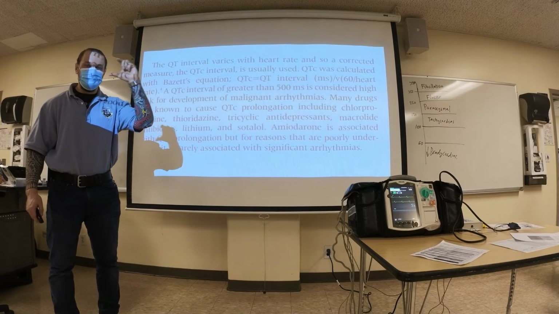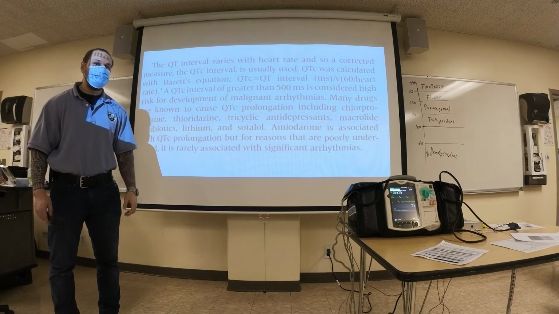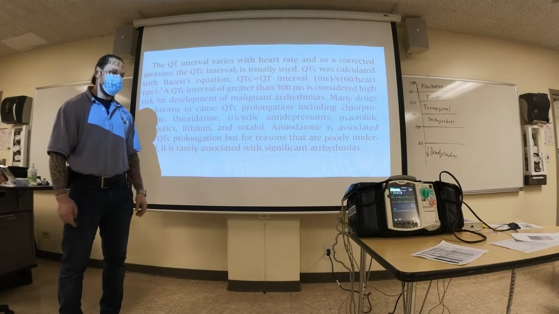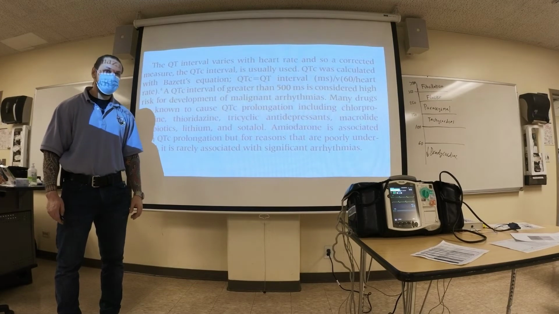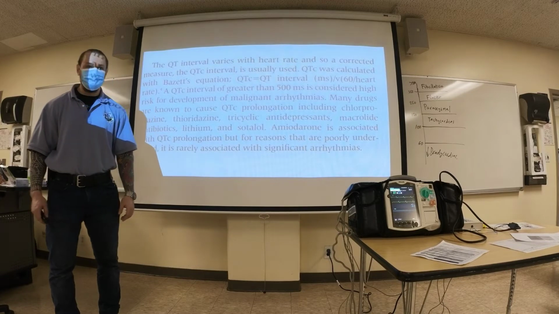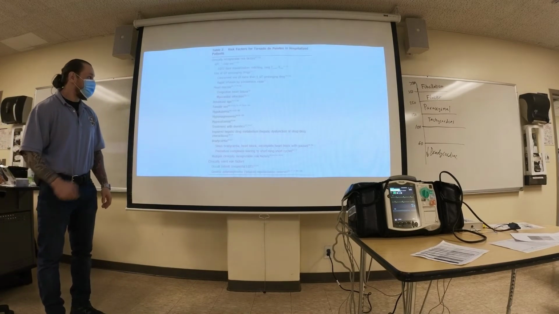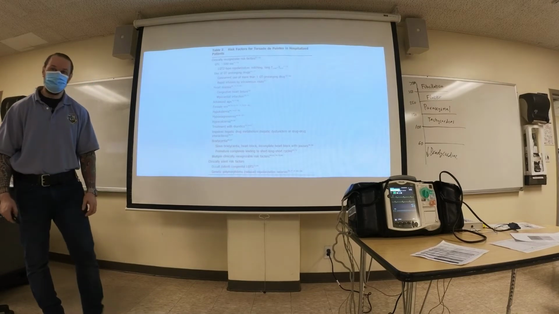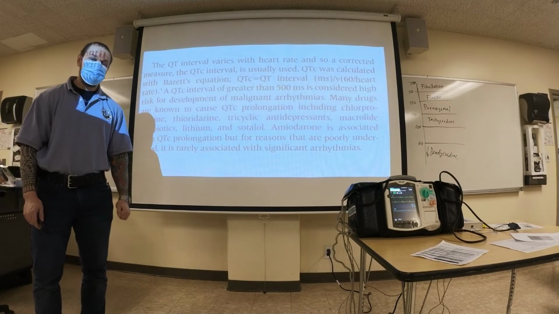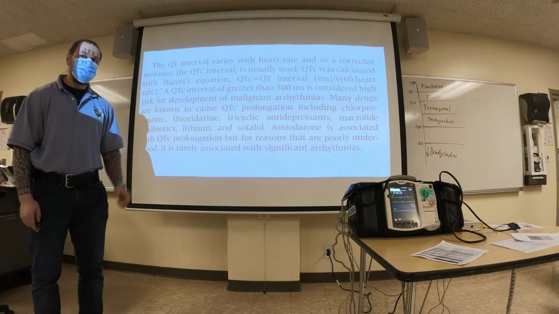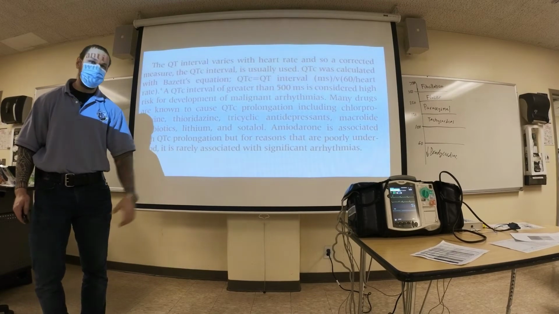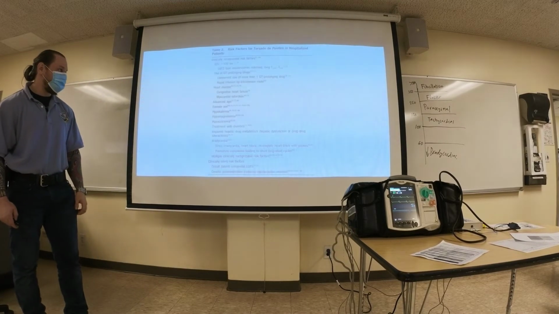That's why they say you want to do a 12 lead to make sure you don't have a prolonged QTC interval. So if we have an alcoholic vomiting who has Torsades, you don't want to give Zofran. Absolutely. Here, I have a question: is 500 milliseconds the same as 0.5 seconds? Yeah. I'll show you how to calculate it with an example so you guys see it, but I personally don't calculate it.